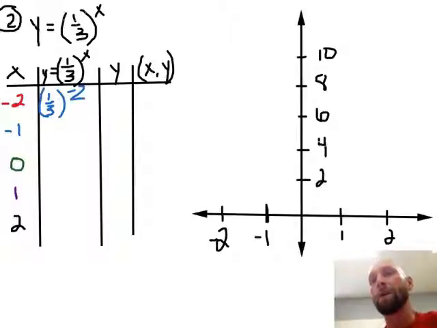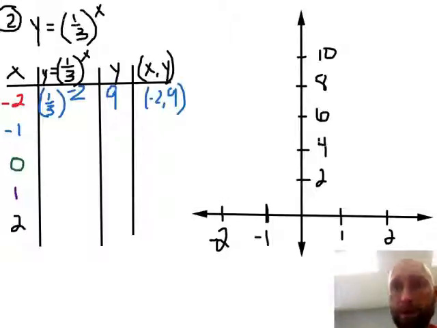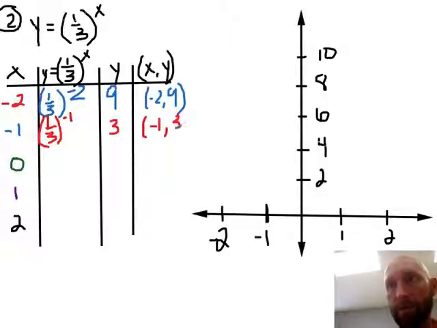And 1/3 to the -2 is going to end up being 9. So we have the ordered pair -2, 9. Then we do 1/3 to the -1, which would end up giving us 3. So that's the ordered pair -1, 3.